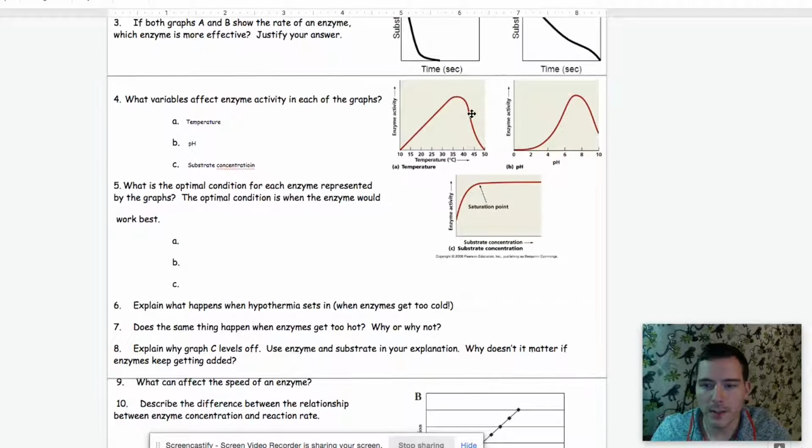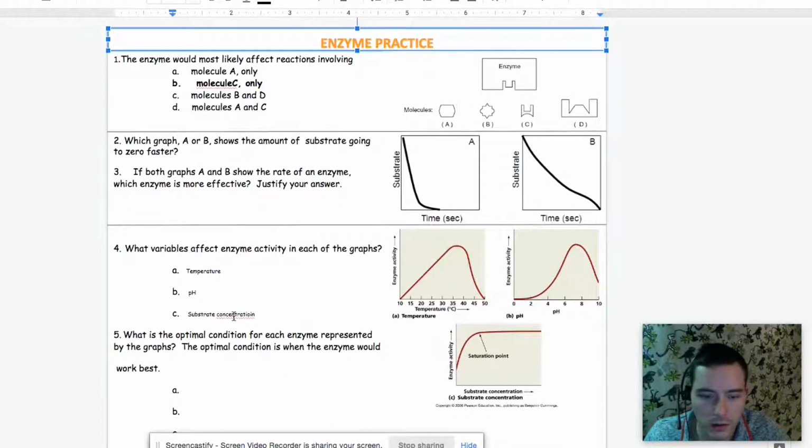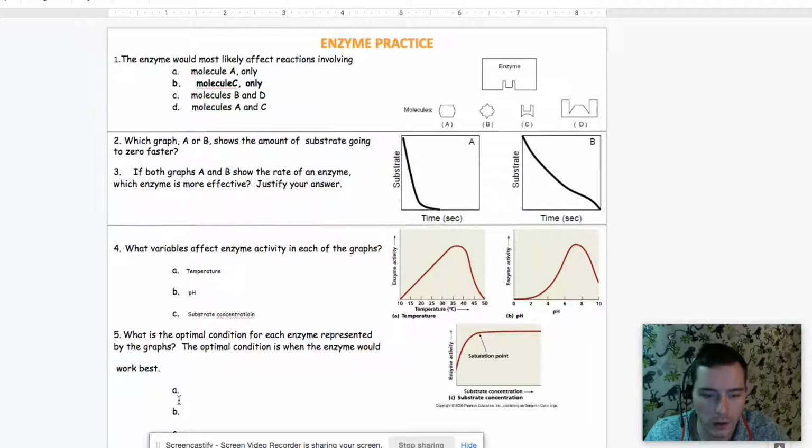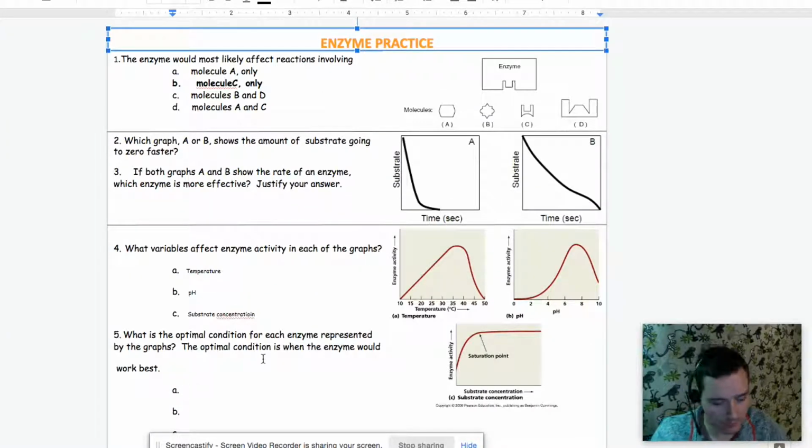So for temperature, if I look at the top of the graph and go down, I would say around 37 degrees Celsius is the optimal temperature for this enzyme. If I go to pH, go down, probably about 7.8.